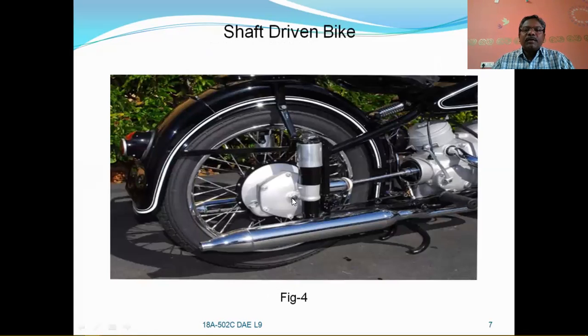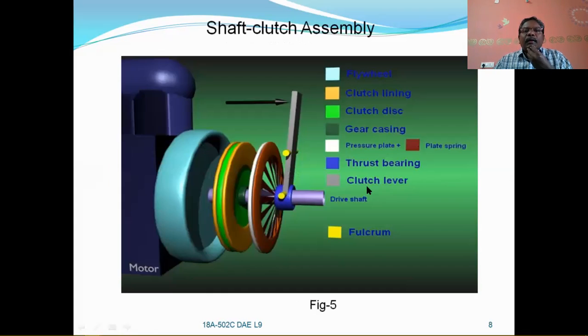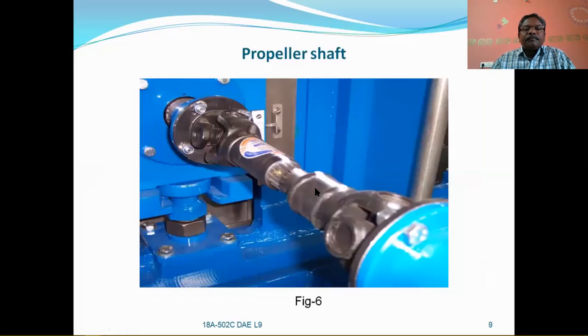In the clutch assembly also we see the drive shafts, which are used to drive the automobile, and the propeller shaft, which is the most important in the automobile industry.